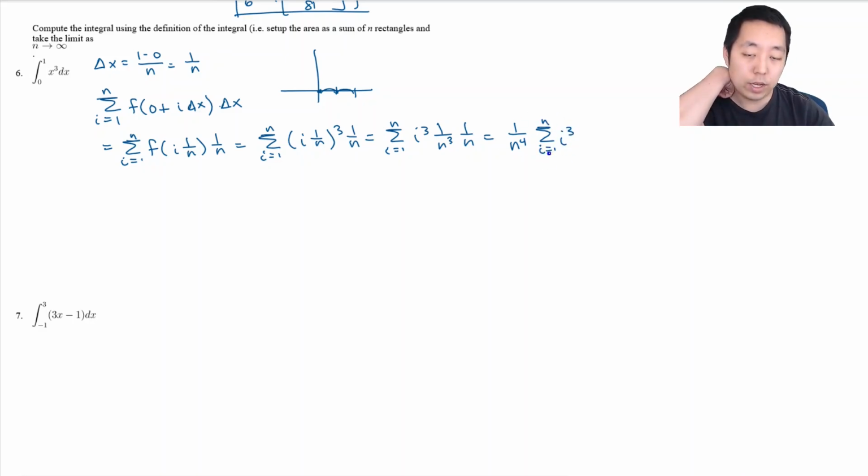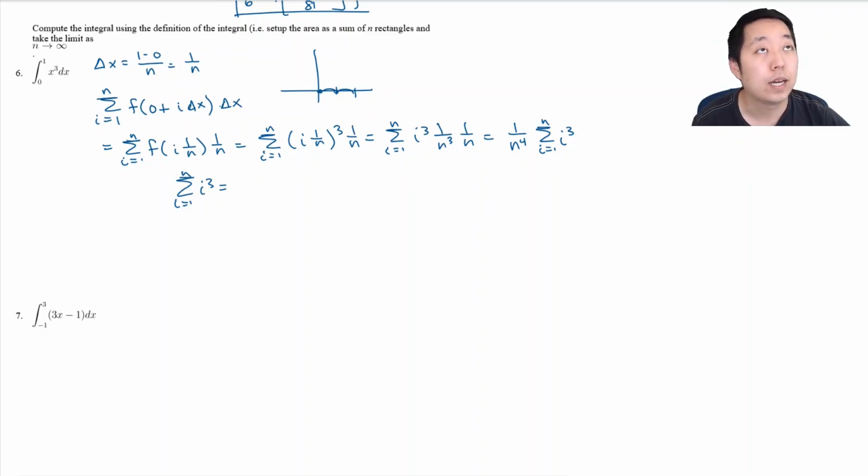At this point, what you have to do is do this summation using a formula for the sum of i cubed. That's commonly given. It's not too hard to derive, but it would be annoying to keep deriving it. So in this case, I'll give you the summation for the sum of cubes.